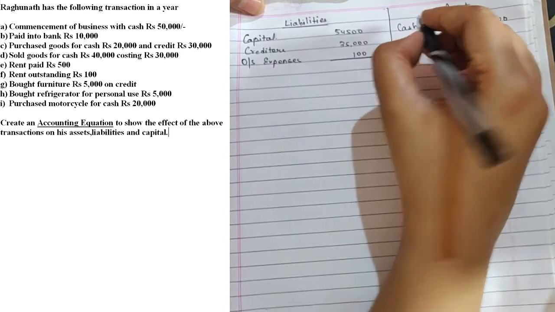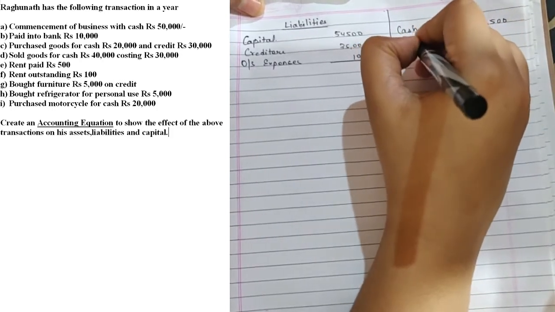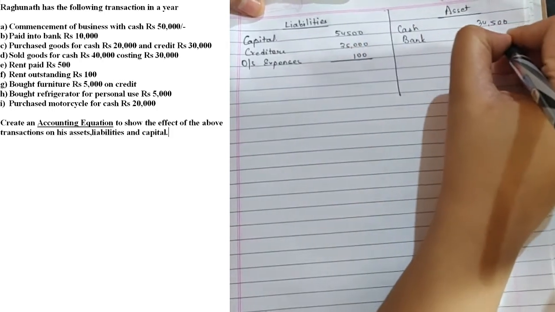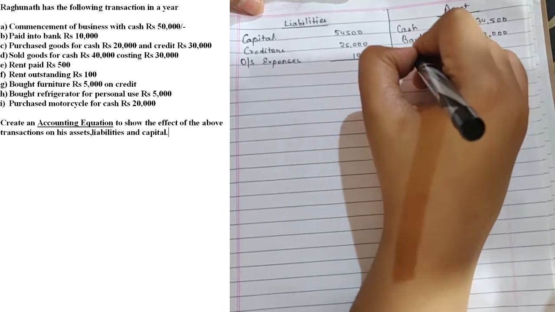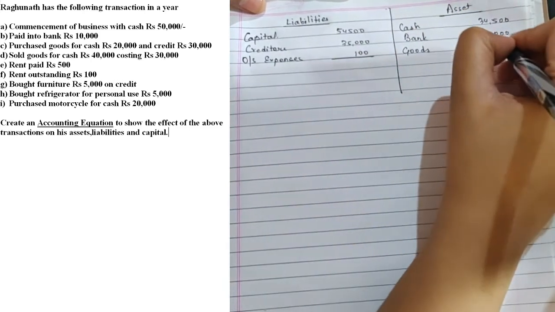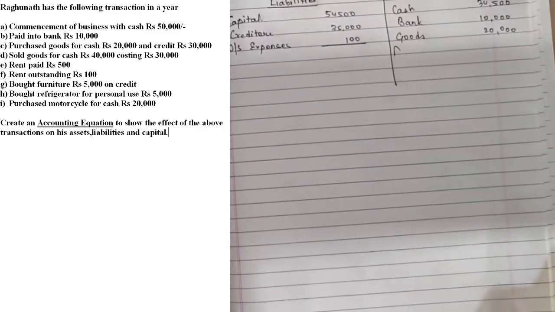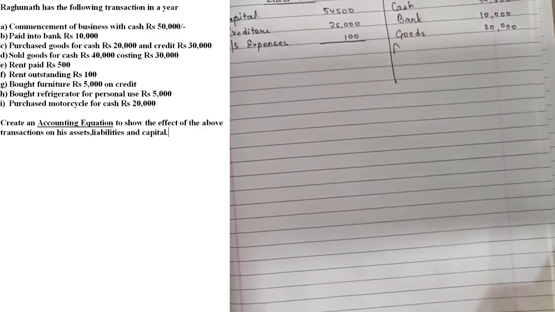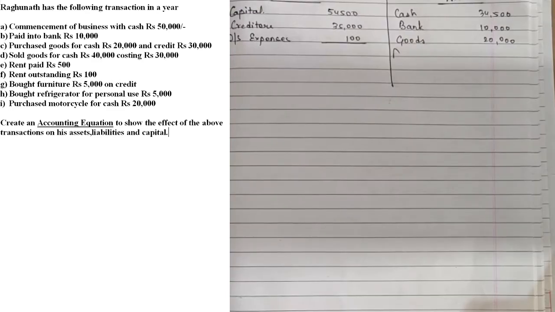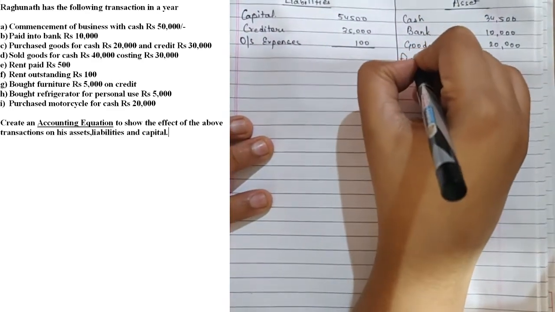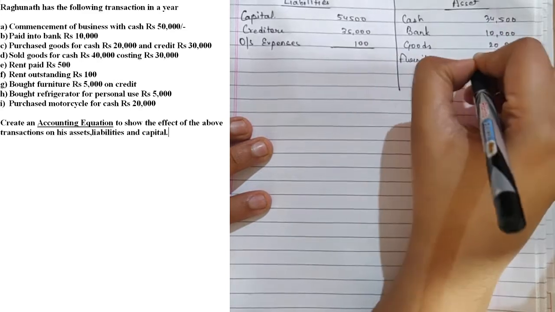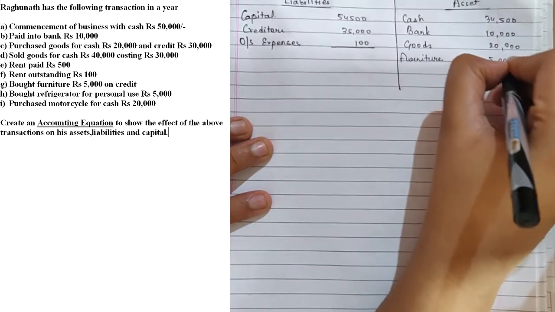34,500. I have a bank balance of 10,000 rupees. I have goods worth 20,000 rupees. Furniture worth 5,000.